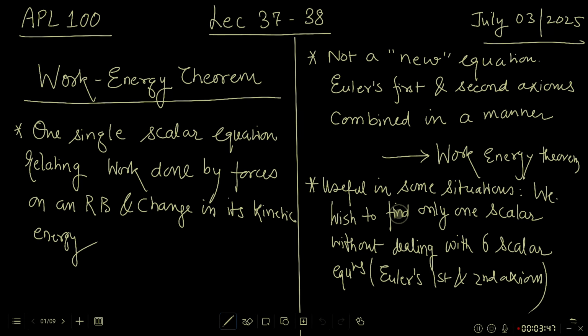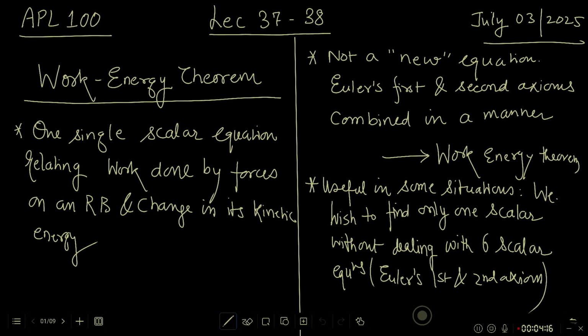Then the question is, why do we bother about combining Euler's first and second axioms and getting what we want to call the work energy theorem? What is the motivation? The motivation is that having one scalar equation is useful in some situations to find one scalar directly.